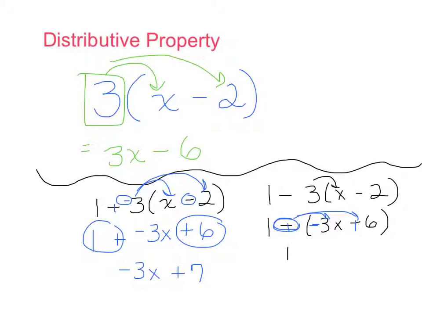So I have 1 minus 3x plus 6. The reason is a negative times a negative will always be a positive. And then collecting like terms, keeping in mind the subtraction goes with the number that follows it, I get negative 3x plus 7 for an answer.